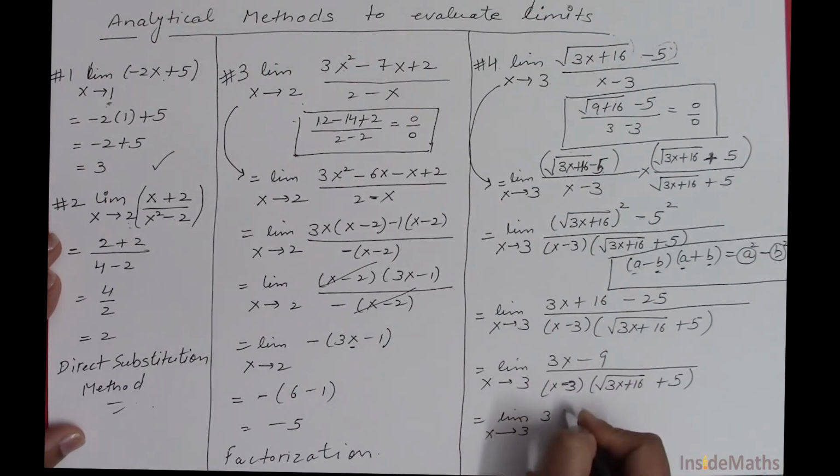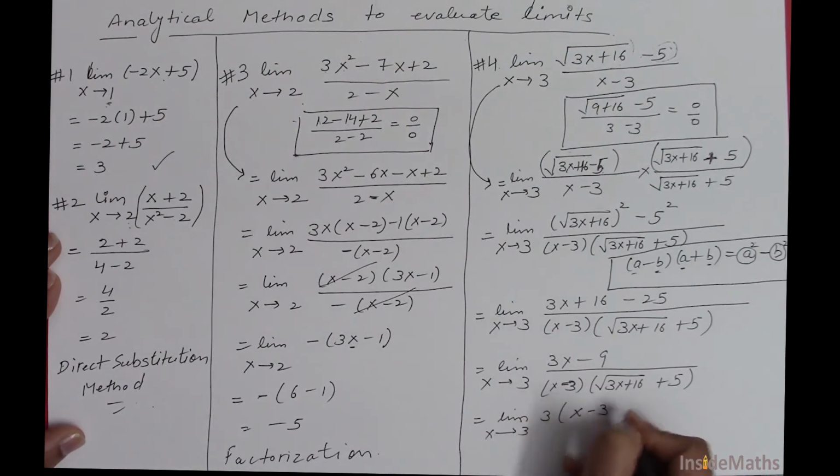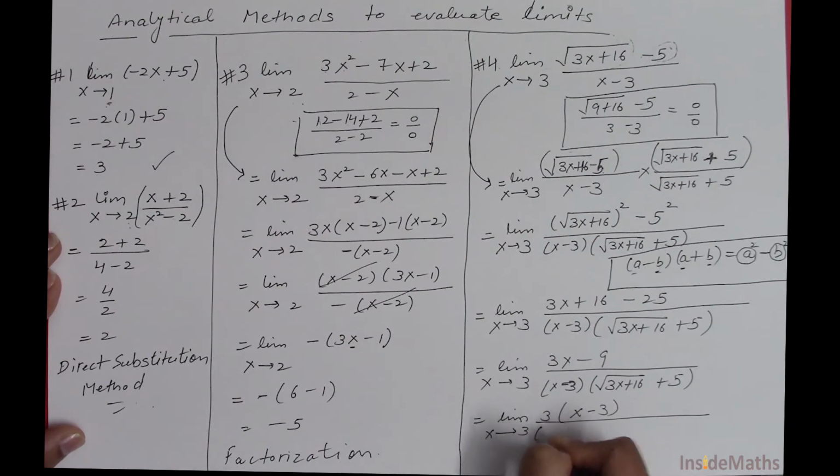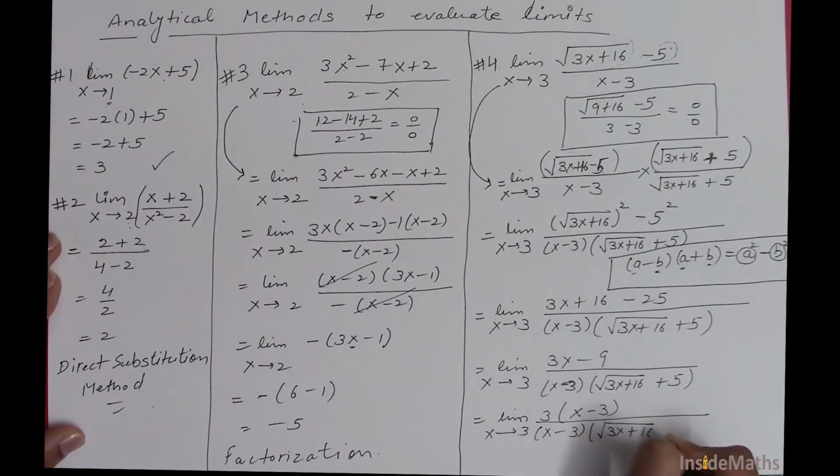I can take the factor 3 out, 3(x minus 3) over (x minus 3)(root of 3x plus 16 plus 5).